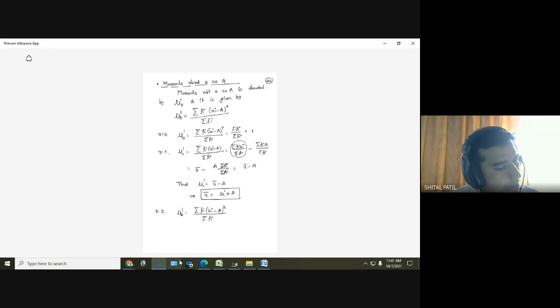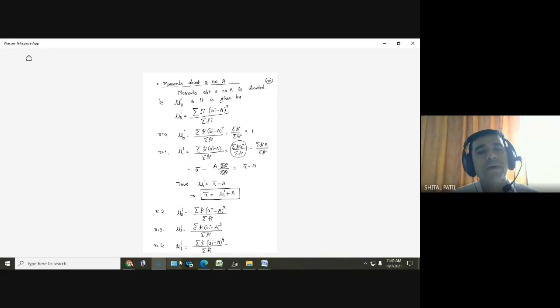Then take r equal to 3: summation of fi xi minus A cubed divided by summation of fi. So these are the 4 moments.